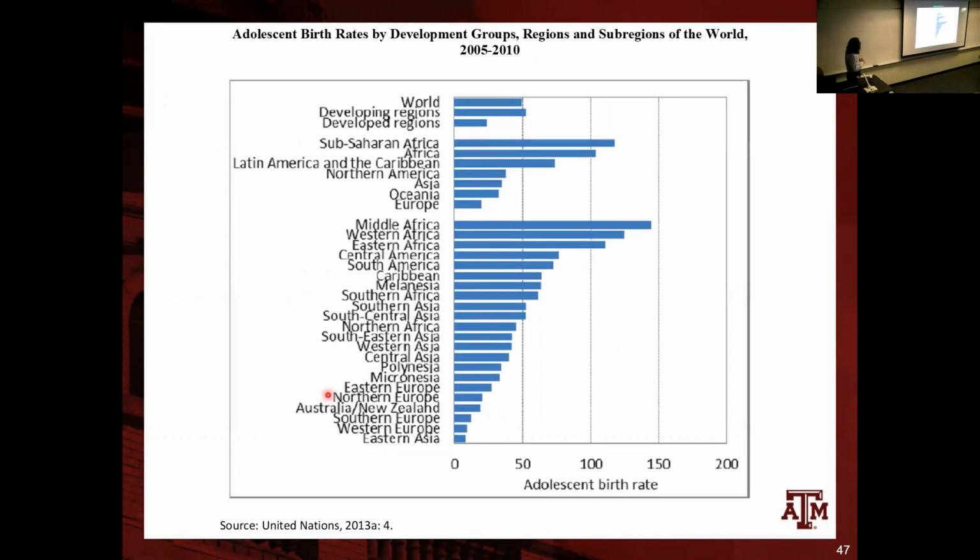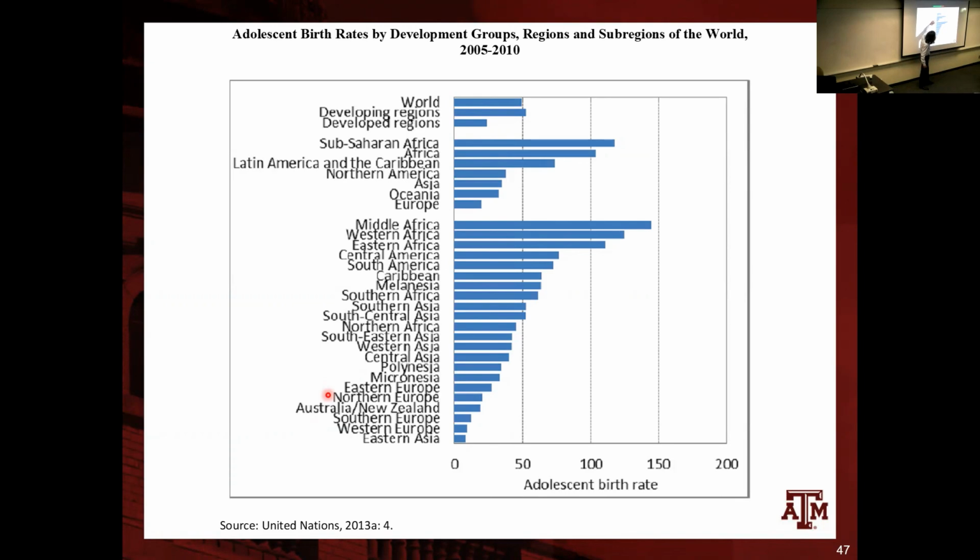And these are adolescent birth rates for the world and for developed regions, for the same period. So the data here is exactly the same one that I showed before. And you see a lot of variation between the continents, with sub-Saharan Africa and Africa as a whole having higher levels compared to Latin America and the Caribbean.